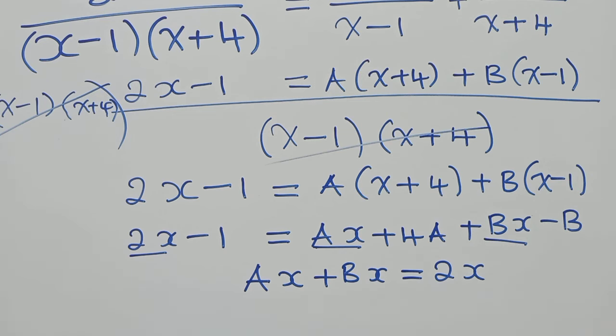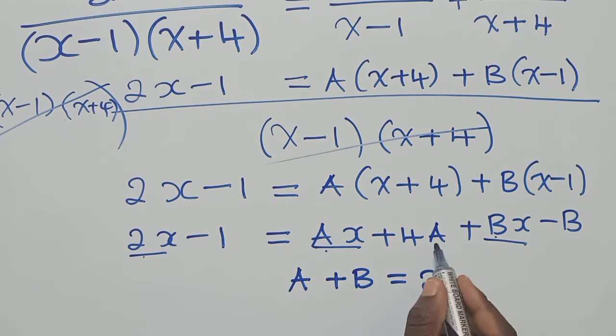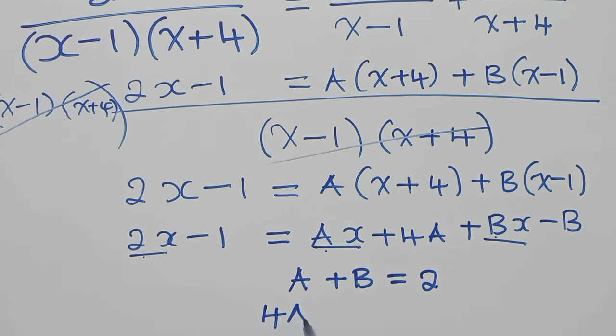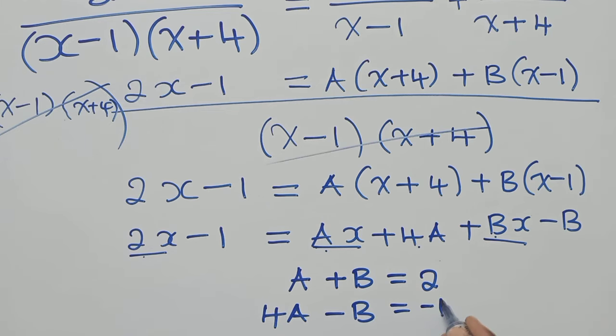I wanted to show you, that's why I was putting the x, but the normal thing to do is to just get A + B is equal to 2. Next you get this one without x. So 4A - B is equal to, this side without x, negative 1.